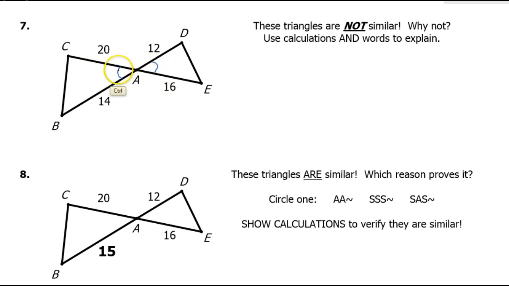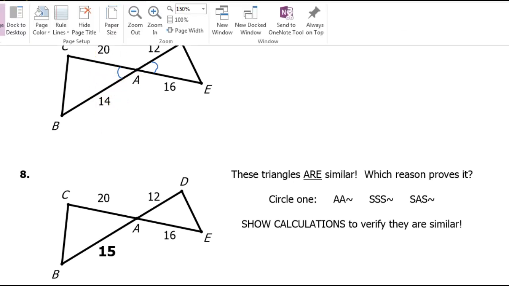Now, these angles are between pairs of sides that are labeled. So it seems like there's a chance that it could have been side-angle-side similarity. But in order to be side-angle-side similarity, the corresponding sides have to be proportional, meaning, if I make fractions out of them, I should get the same answer.